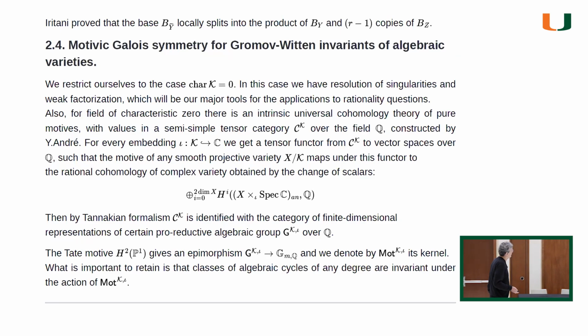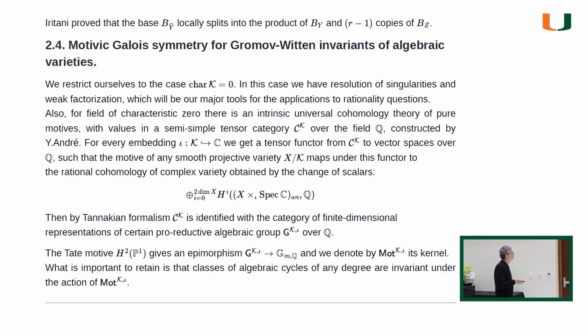And so you get a fiber functor. It means that this cohomology theory becomes just usual Betti cohomology after this complex embedding. You get different embeddings, different realizations. So if you choose an embedding, you get some pro-reductive algebraic group, and if you change the embedding, you get some twisted inner form of this group.